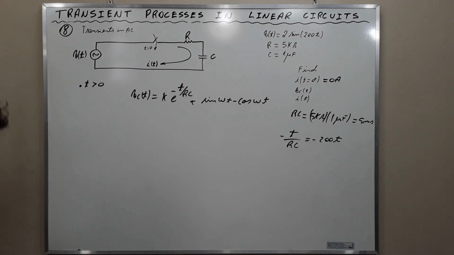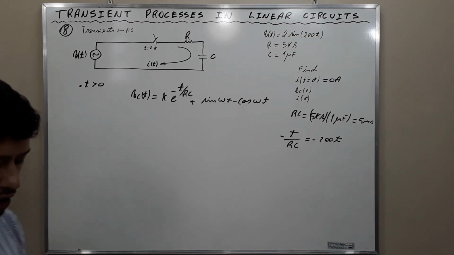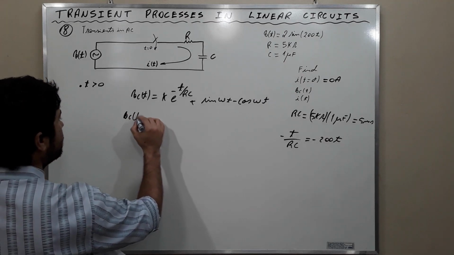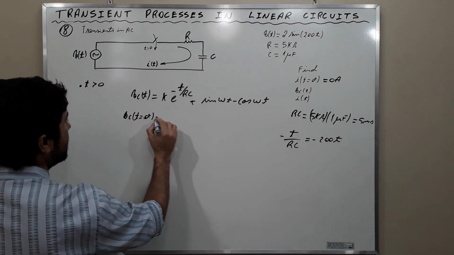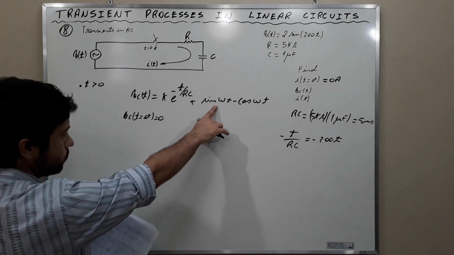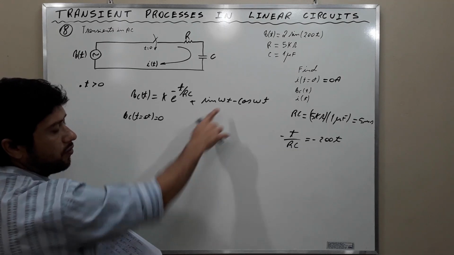As it was stated that there was no initial charge in the capacitor, we know that Vc has to be equal to 0 for t equal to 0, okay? Vc of t equal to 0 plus has to be equal to 0. If we put 0 here, sine 0 is 0.